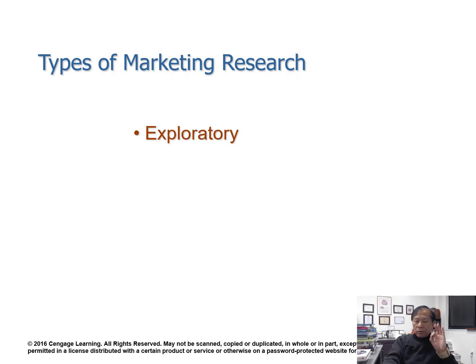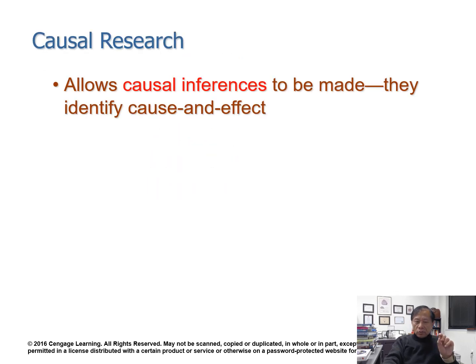And we talk about three types of marketing research: exploratory, descriptive, and causal. For your project, I need you to do definitely the first two, and also try the third one, causal. Causal research is to establish causality, causal inference.